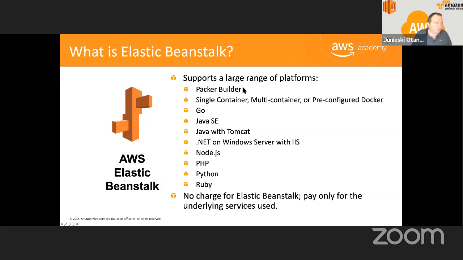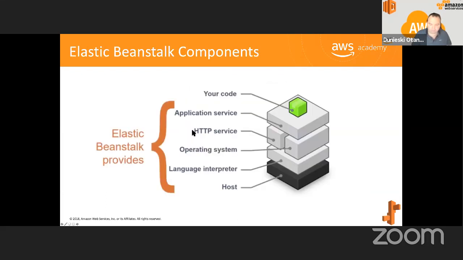Okay, these are the platforms that AWS Elastic Beanstalk supports. Packer Builder. You can have a single container or multiple containers or pre-configured Docker. So this is pretty advanced, right?